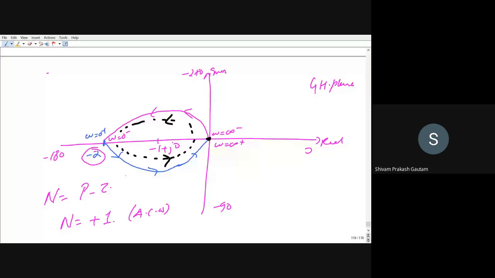P is the total number of poles in the right hand side of the S plane. So GS HS plane, what was the transformation? S plus 1, S minus 1. This was our open loop transformation. Now tell me what should be the value of P here? P is the total number of open loop poles in this open loop transformation.